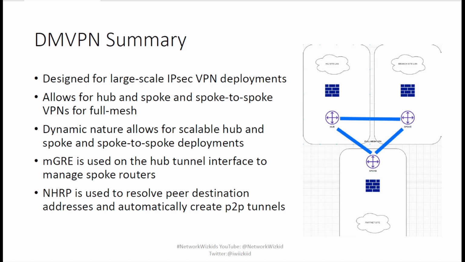And if you do need to read up further on any of the topics that we're covering, then you go and seek that information in the books or online, whatever it may be. So without further ado, let's get into the summary points here that I have with DMVPN.